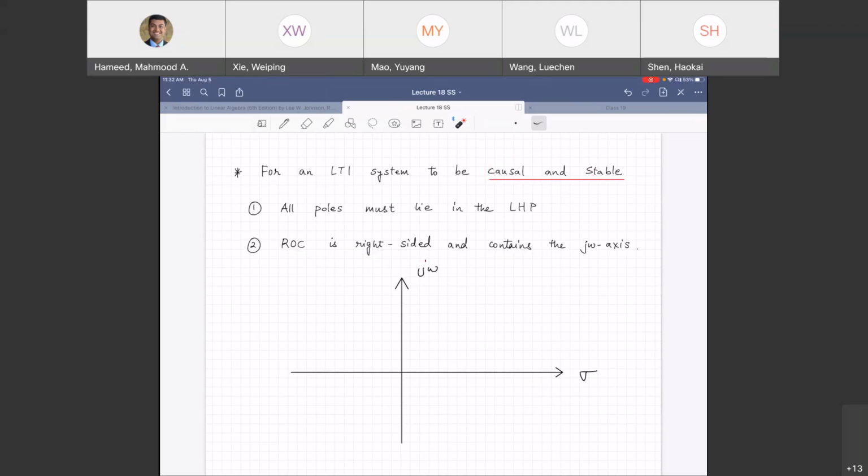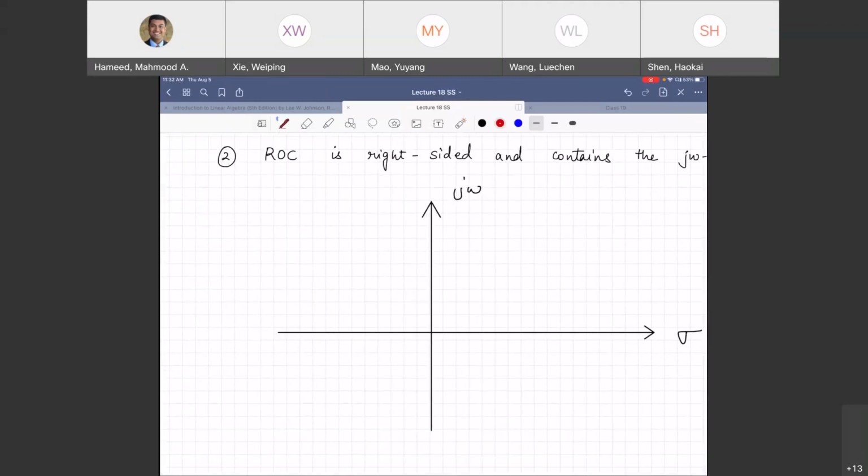For a right-sided signal, we know the region of convergence should also move right. So what we have is, let's try to sketch up some arbitrary pole zeros. Just poles. So I have this one, and then I have this one and this one, right? I've just made up 4 poles for my system. I want to find out, and it is stable, right? All the poles are in the left half plane. I want to find out where the region of convergence is going to be if I consider that system to be causal.